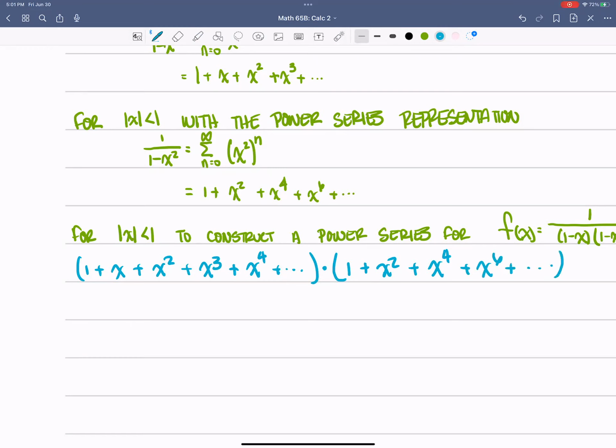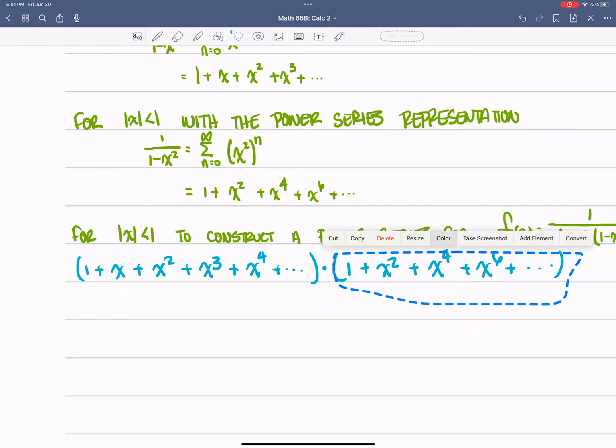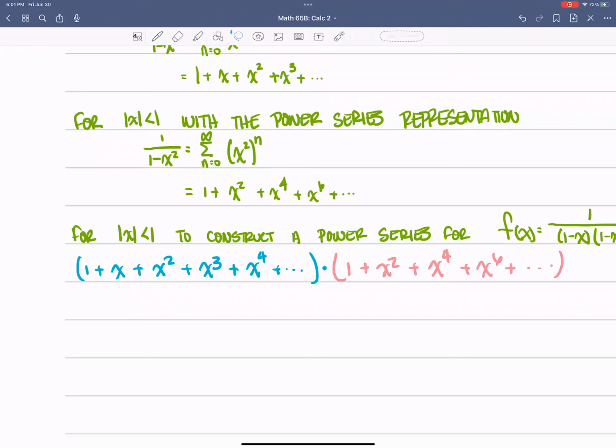Continuously multiplying those together. So now let's multiply this right here with each and individual one of these here. So multiplying everything to each of those. So actually, why don't I do color coding? Let's make this pink. So now multiplying 1, so this one right here, times all of this.